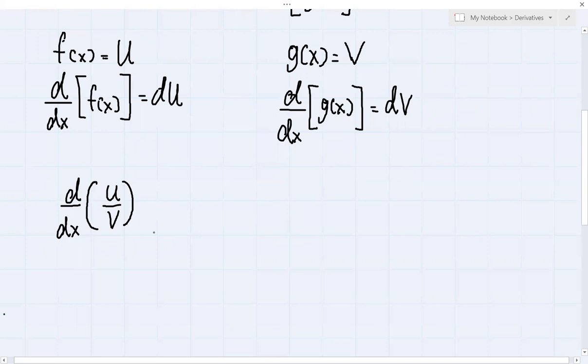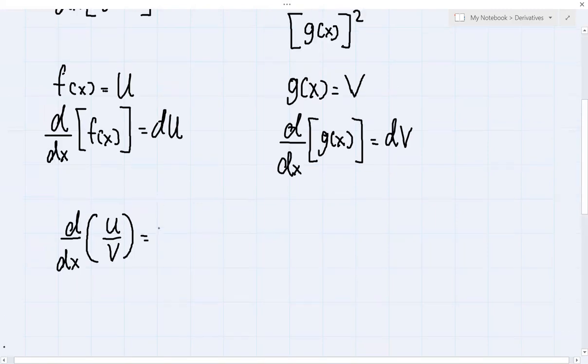You cannot pick U as the denominator because you selected U as your numerator. You cannot pick V as the numerator since you chose it as the denominator. So what would this look like? This would be V du minus U dV all over V squared.